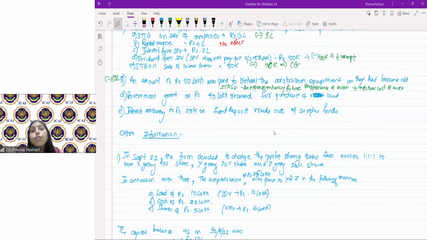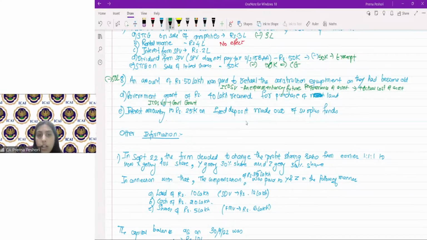So again, we need to refer to ICDS 8, which is the government grant. What does it say?